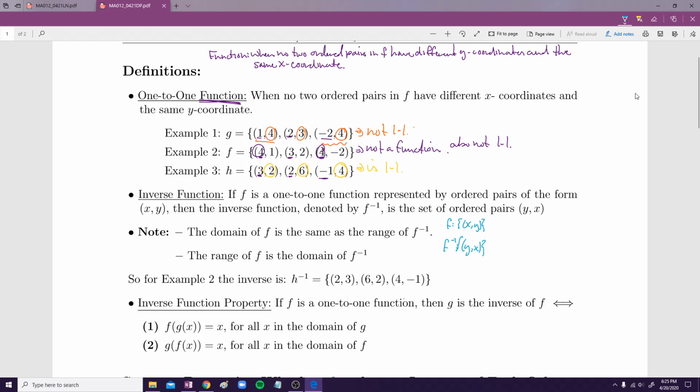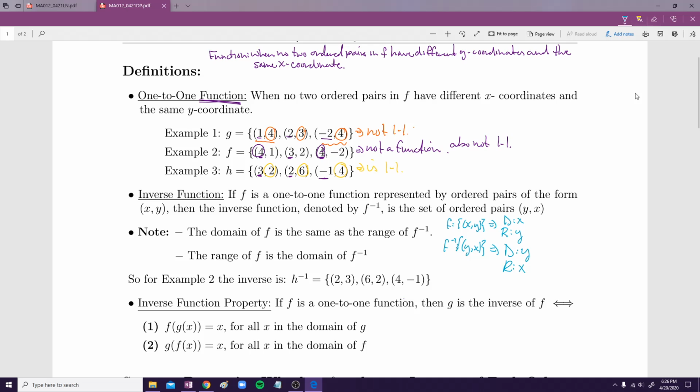So if we look at this, what is this domain? Domain is the x value, so it's just x, and then the range is the y values, and in this case it's just y. But if we look at this f inverse, what is its domain? Its domain is y, and the range is x. So as you can see, the domain of f is the same as the range of f inverse.